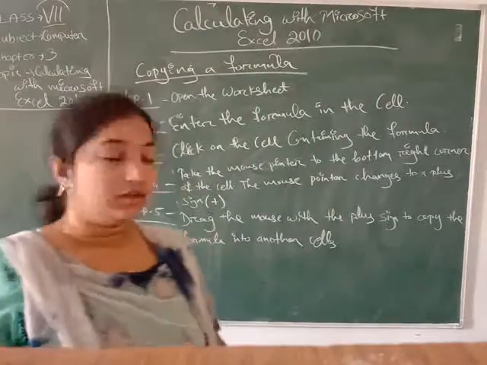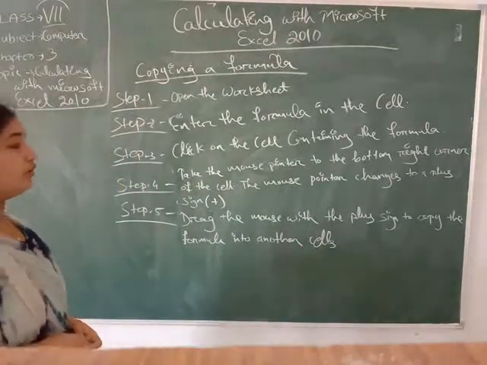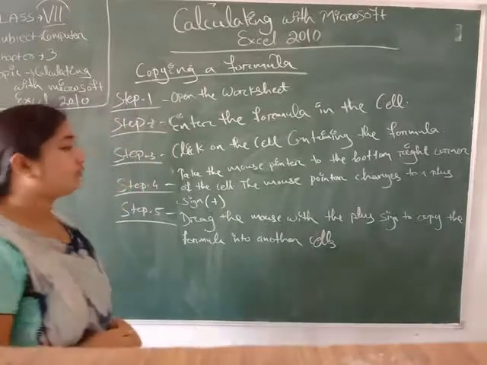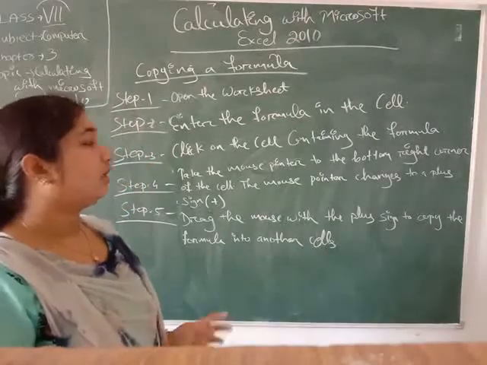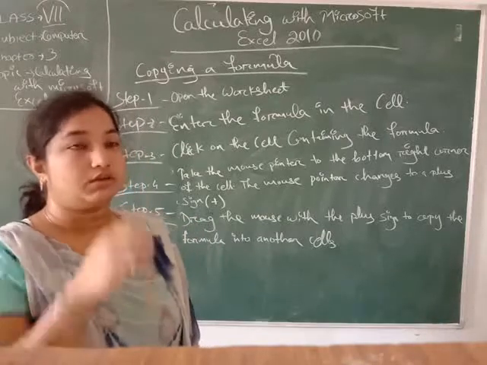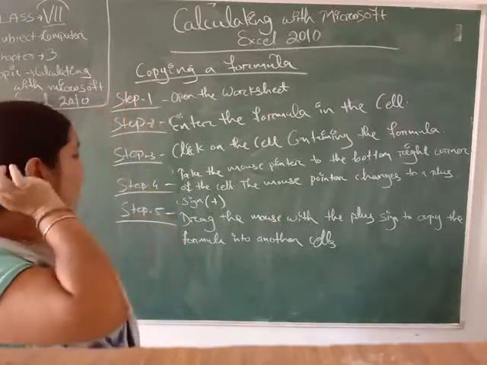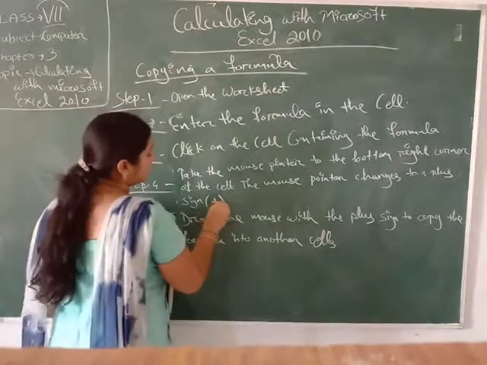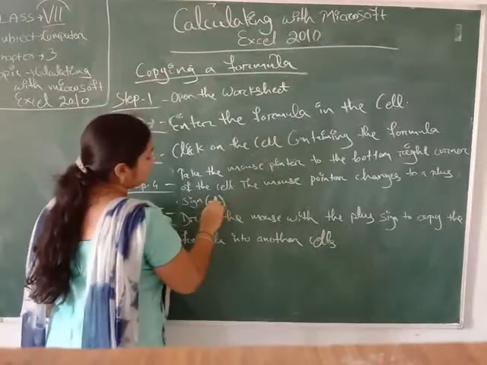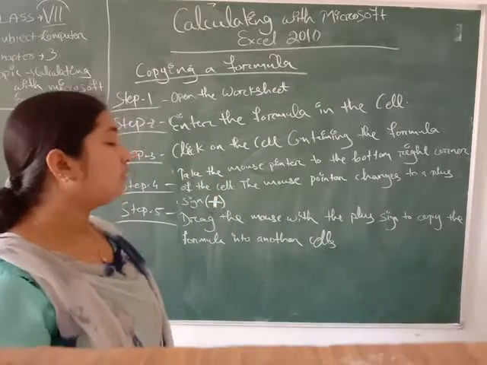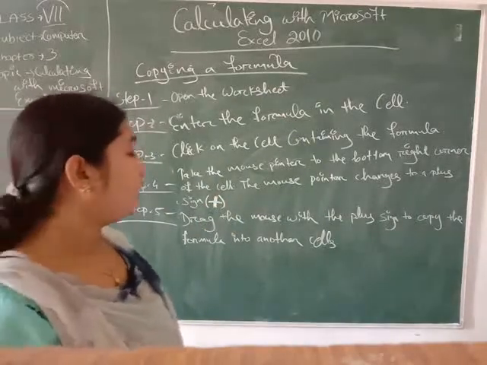After that we take the mouse pointer to the bottom right corner of the cell. The mouse pointer changes to a plus sign. After that drag the mouse with the plus sign to copy the formula into another cell.